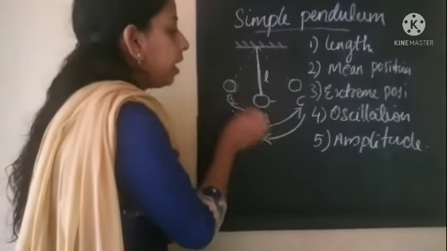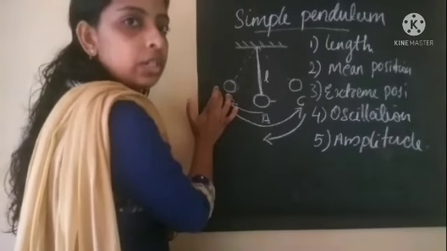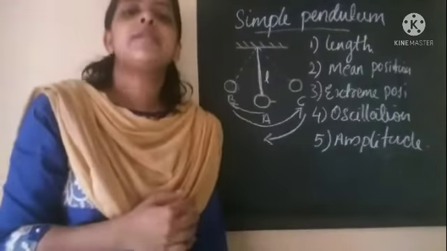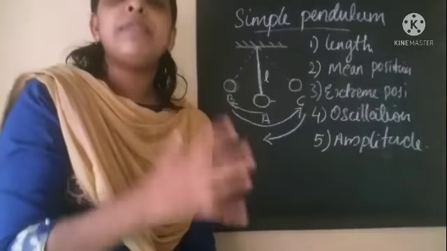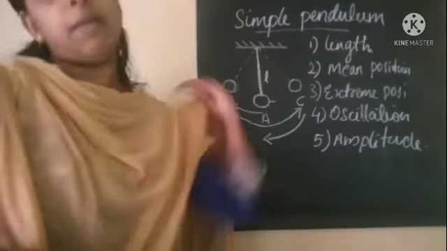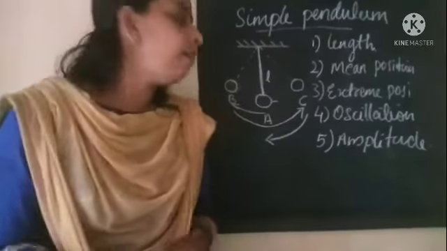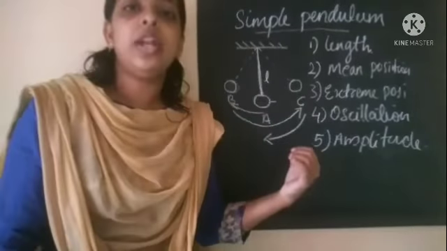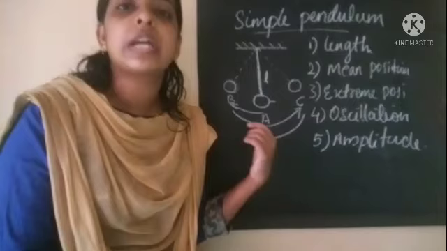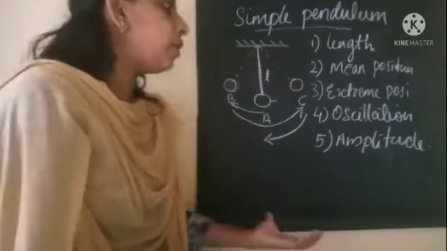When we consider AB, the maximum displacement of the bob is at point B. The maximum displacement of the bob from the mean position is considered as amplitude. So that's all about amplitude.